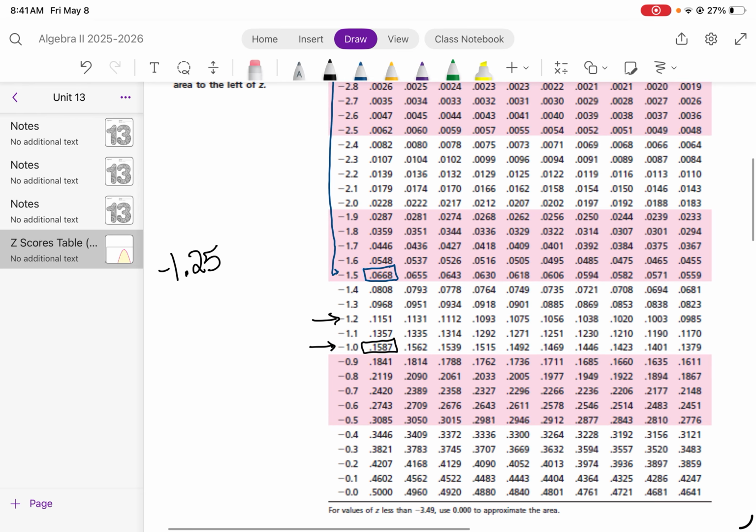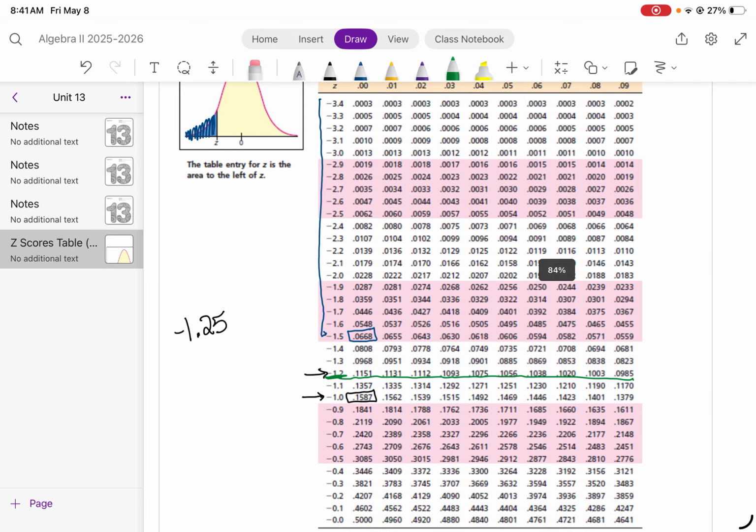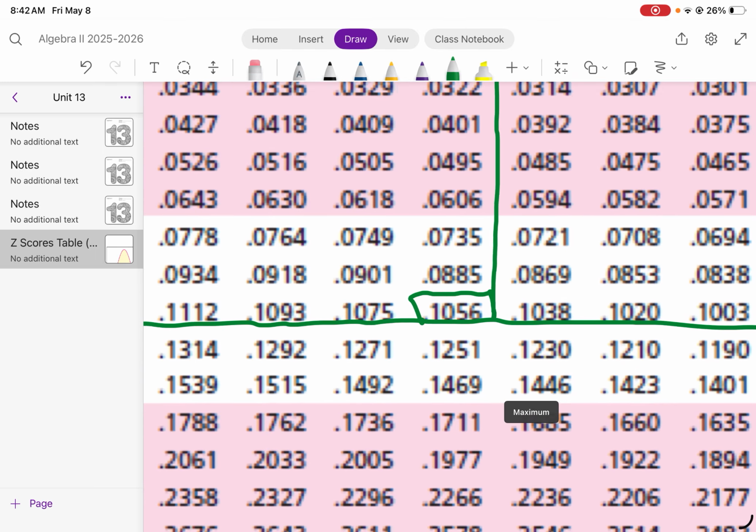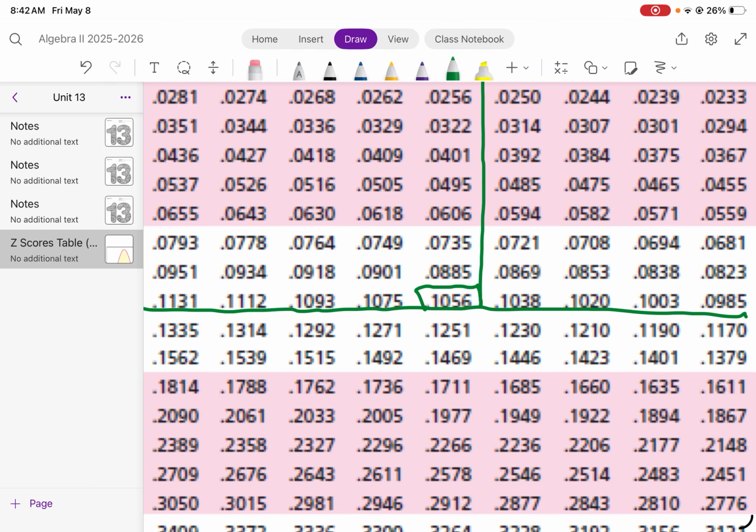And remember with this one, we need to find 2.5. So the 0.05 is here. Wherever those two meet, that's the value that we need to use. So for this one, it's 0.1056.